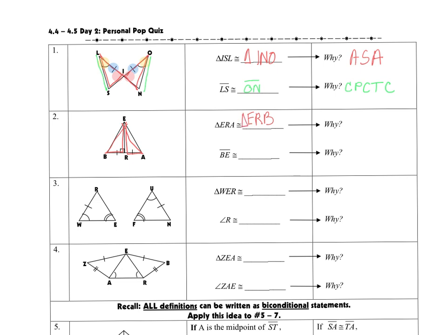And if I look at what I have here, I could see that I have a side to a side, I have a right angle to a right angle, and then I know that I would have this side to itself by the reflexive property, and so therefore those two triangles are going to be congruent by side, angle, side.